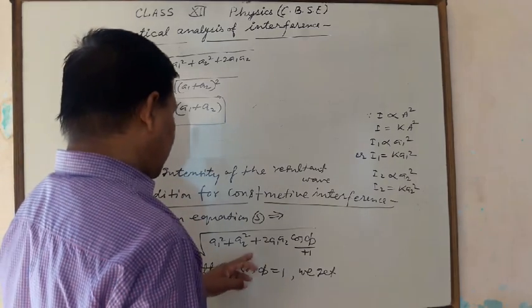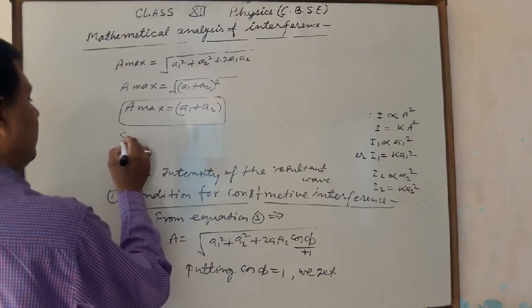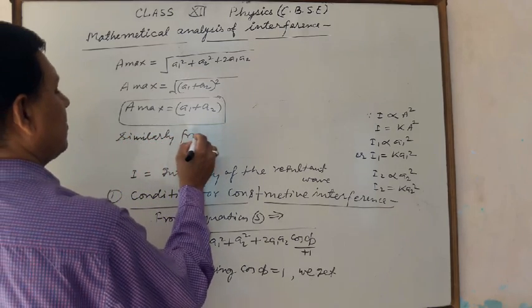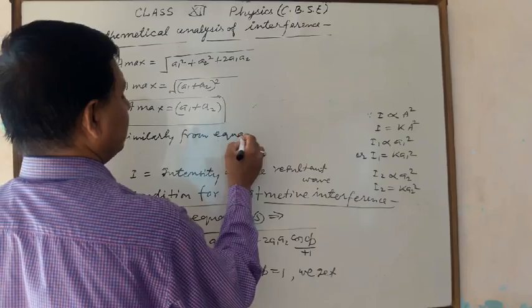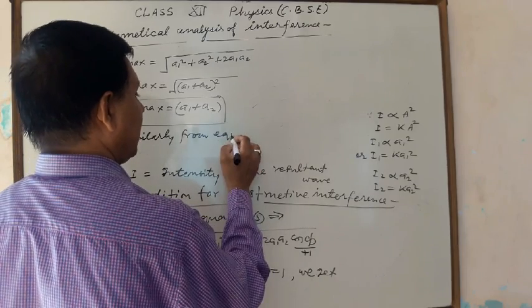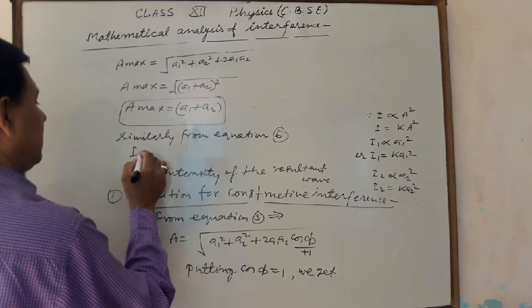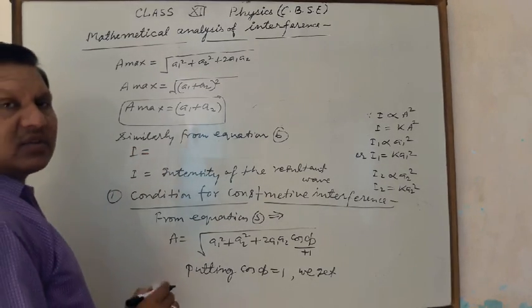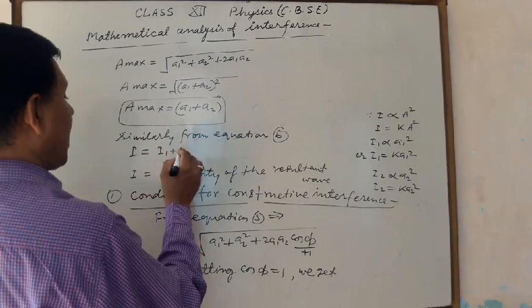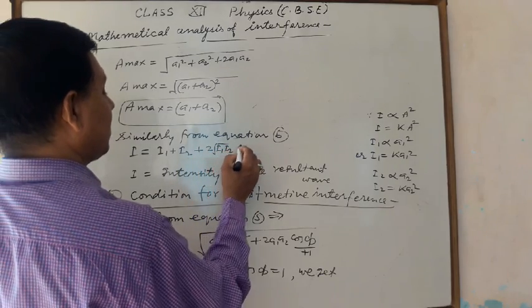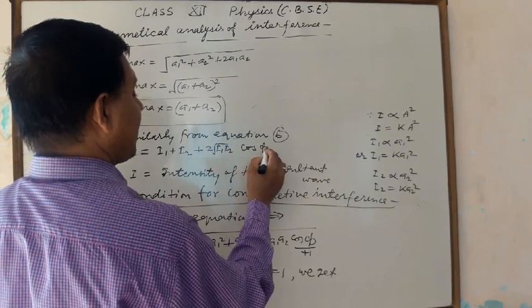Similarly, from equation 6, the intensity of the resultant wave I is equal to I1 plus I2 plus 2 under root I1 I2 cos phi.